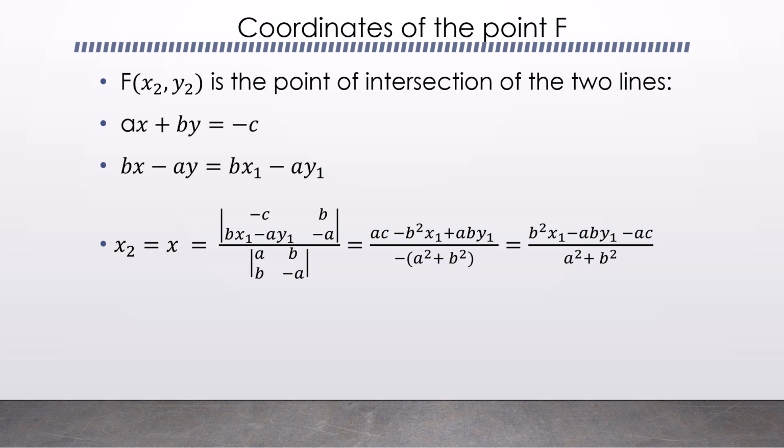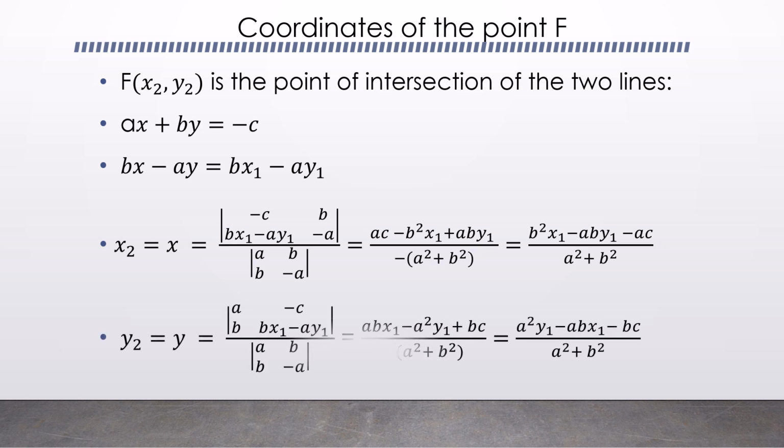Now, evaluating the numerator and the denominator, we have (ac minus b squared x1 plus aby1) all over minus into (a squared plus b squared). And this is equal to (b squared x1 minus aby1 minus ac) all over (a squared plus b squared).